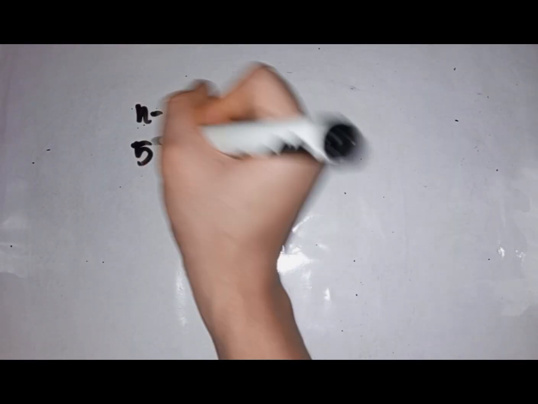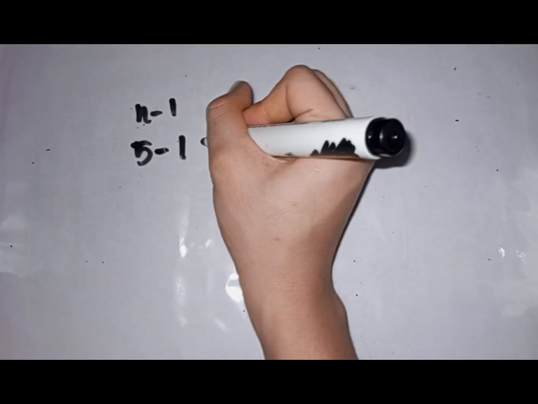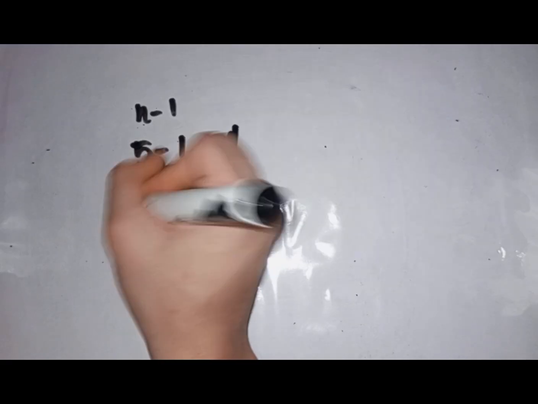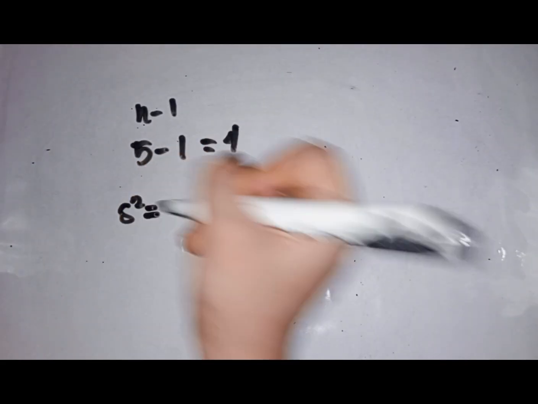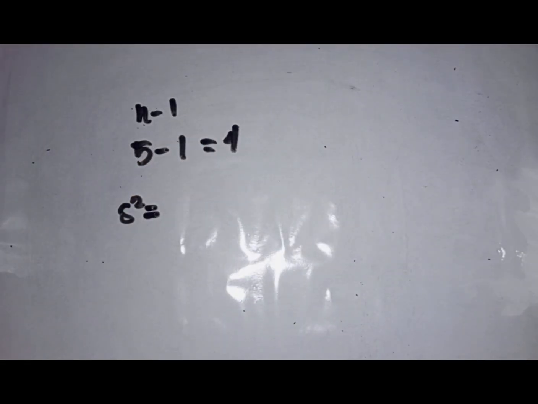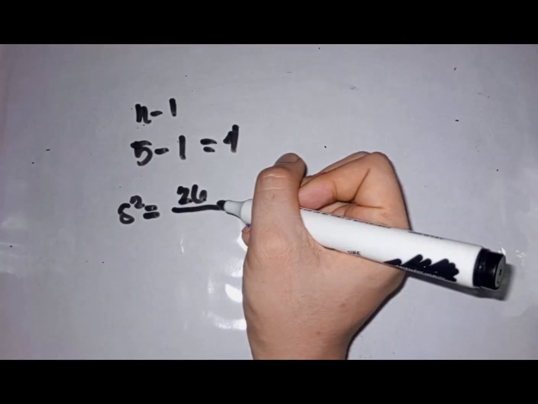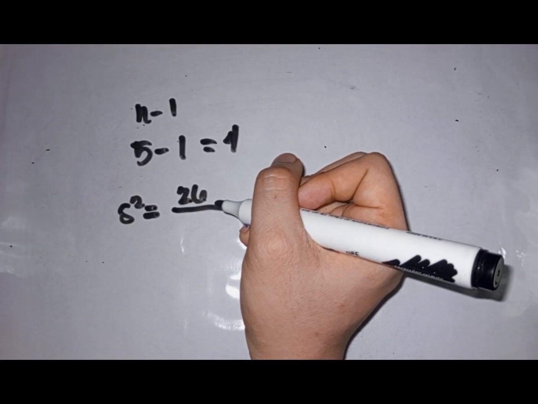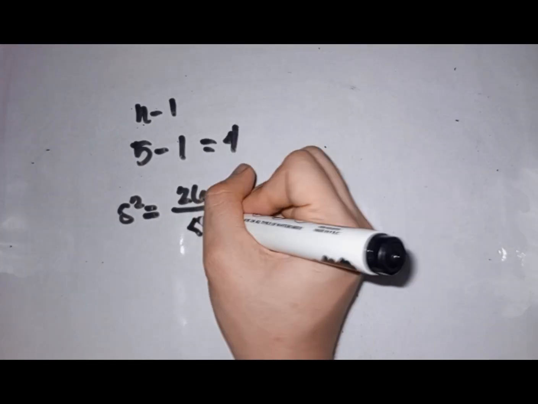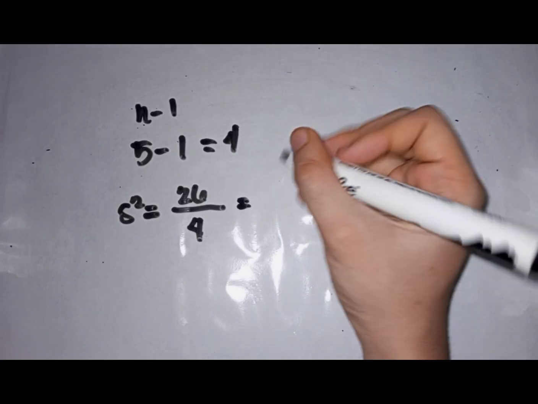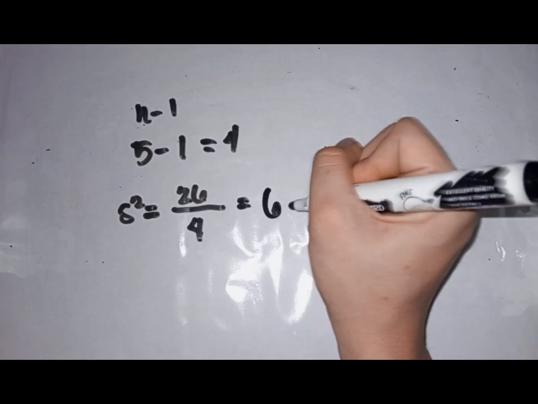Since we have 5 data points, n minus 1 is 5 minus 1, so it is equal to 4. So our s squared is the sum of squares, 26, over n minus 1, which is 4. So 26 over 4 is equal to 6.5.